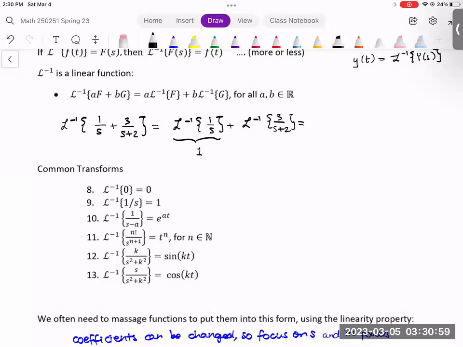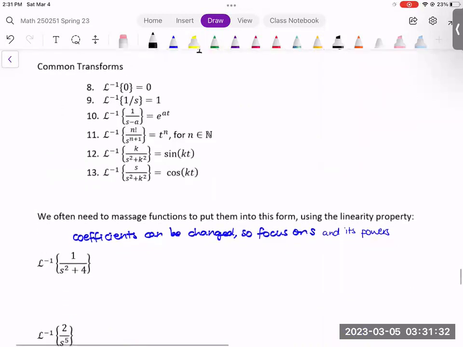We see this number 10, 1 over s minus a, but we can use linearity that 3 can be pulled out front. And so this is 1 over s minus negative 2. And so we're left with 1 plus 3 e to the negative 2t. So this gives us a way to go back from the Laplace transform of our solution to our actual solution.